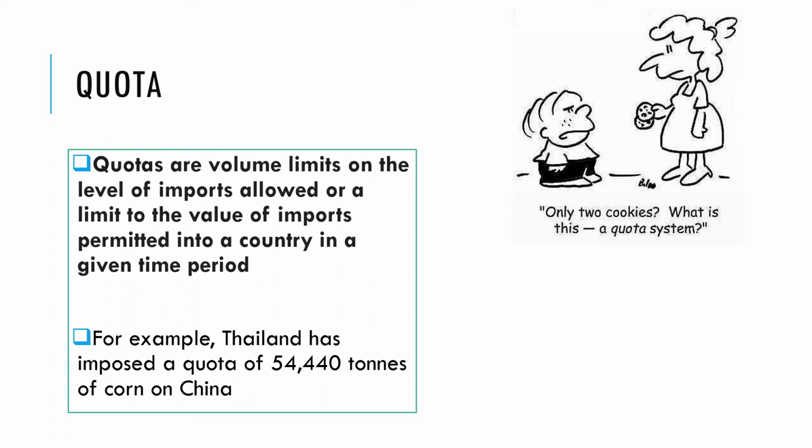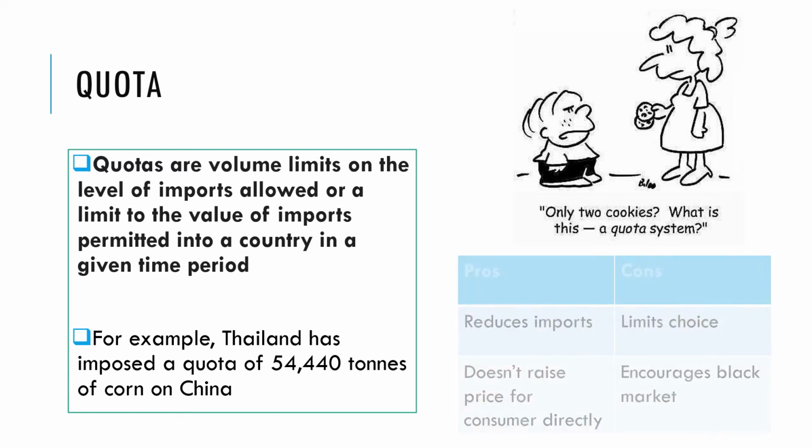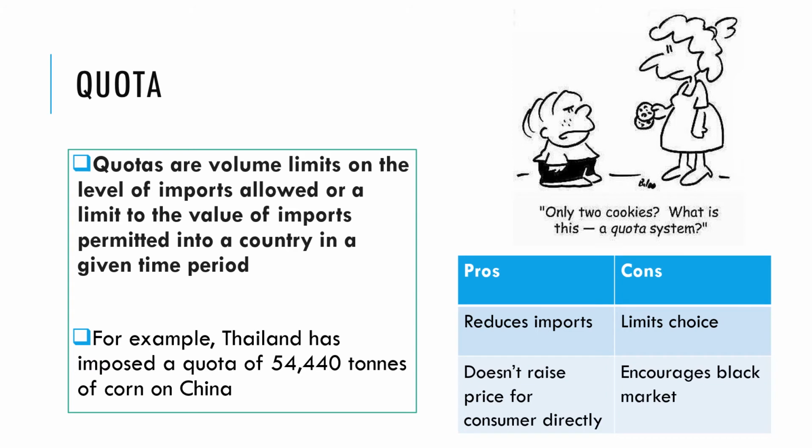So that is a limit for the physical amount that can be imported into the country. Pros and cons, again, the pros, it reduces imports and protects domestic companies. This one doesn't involve a higher price for the consumer directly, but cons might be that it limits choice and also would encourage a black market or smuggling to occur.